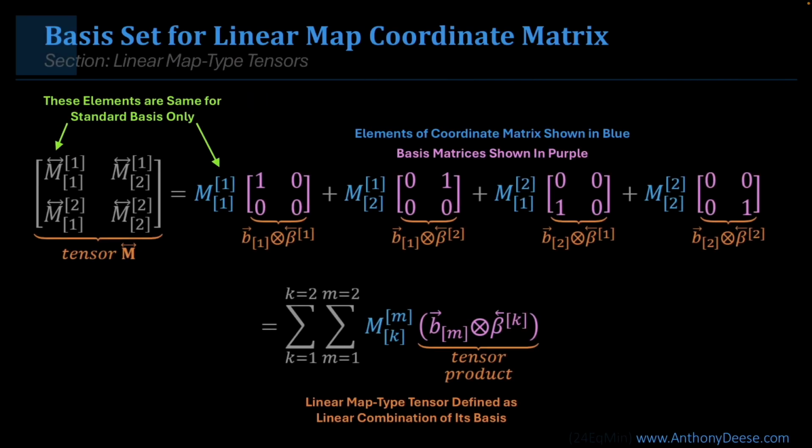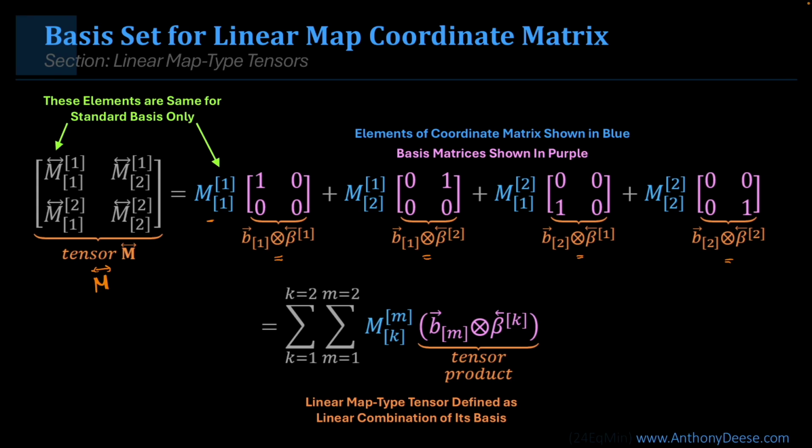So let's look at that. Let's stick with our 2x2 example for right now. We want to create some tensor M. And so first, let's forget about the blue for a second. Let's just create a sum of the 4 bases. Now, each one of these bases has a similar structure to the resultant tensor. They'll have the same rank and the same size.